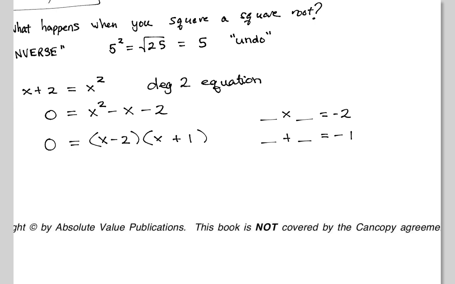And what are those two numbers that multiply to -2? -2 and +1. Yeah. And then those are the factors. Okay, so this is called factoring trinomials.